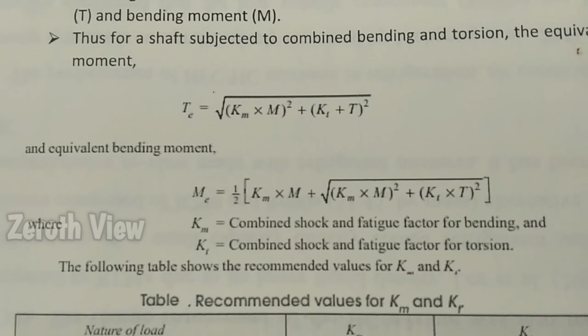Next we are going to calculate the equivalent twisting moment, and the formula for the equivalent twisting moment is Te equal to root of M square plus T square. Since we have calculated M and T, you just apply the values: 562.5 into 10 to the power of 3 squared plus 955 into 10 to the power of 3 squared.